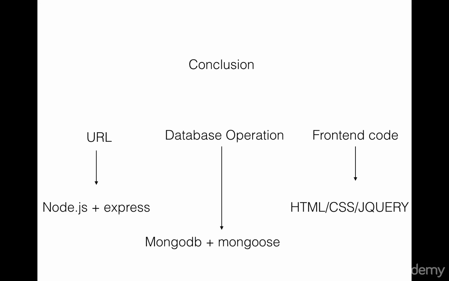If you have mastered these three sections, the URL is basically the back end of your code, and the database operation is MongoDB. The front end is the client side, which uses HTML, CSS, jQuery, and some custom JavaScript. You could pretty much build anything you could ever imagine, and that is really cool and amazing. So stay healthy and happy coding.